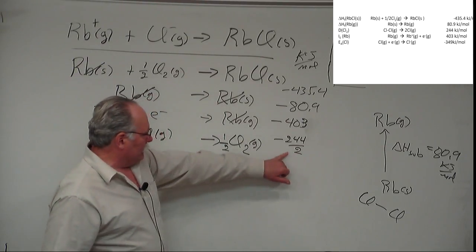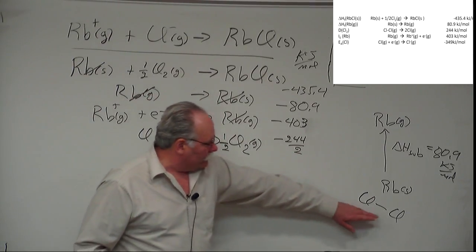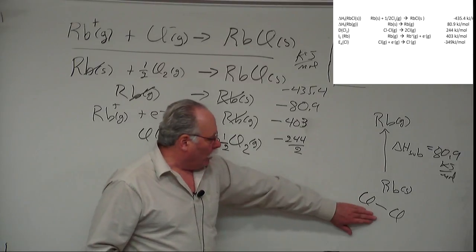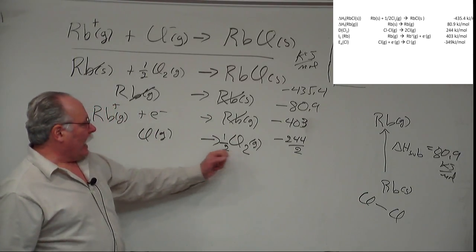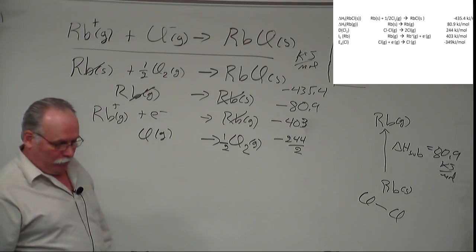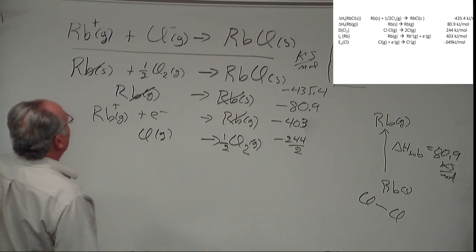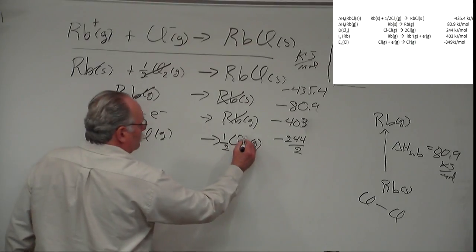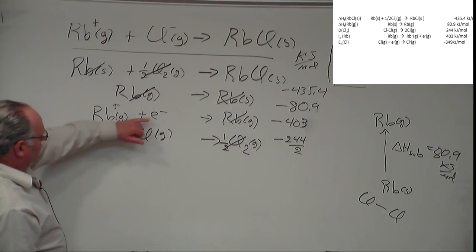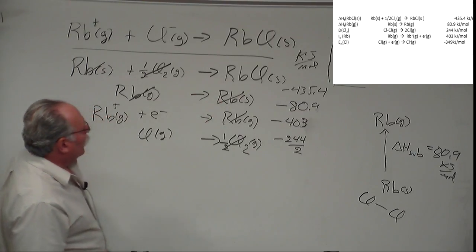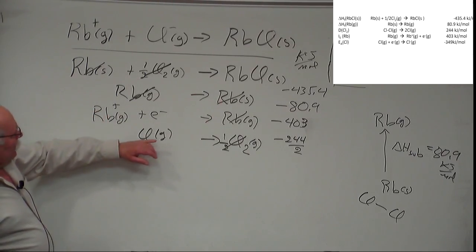Remember, we're dividing by 2 because that's the bond dissociation energy for breaking a mole of Cl2, which gives you 2 moles of chlorine. We're only breaking a half a mole, which gives us 1 mole of chlorine. Okay, so now let's see. The half Cl2 goes. And if I added these energies, this would describe the reaction of this plus this plus this to form this. But that's not what we want.